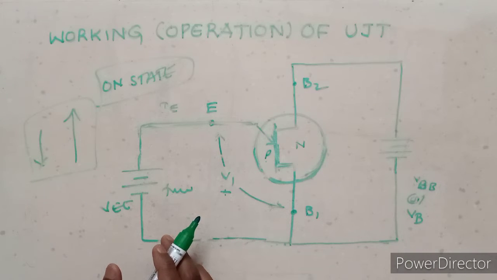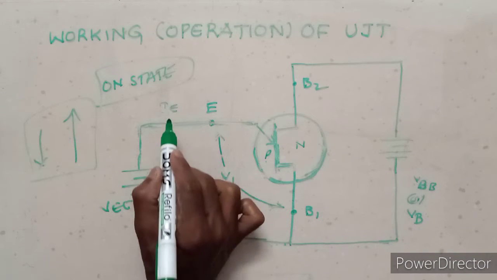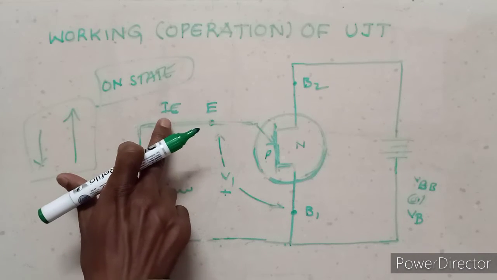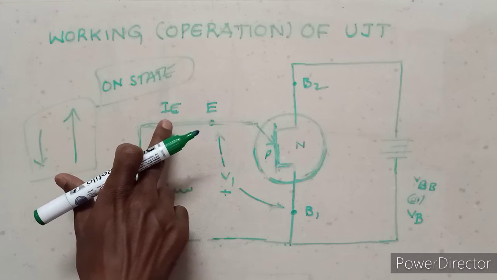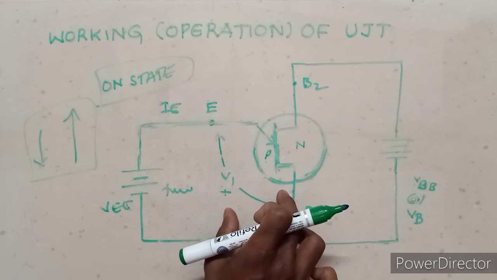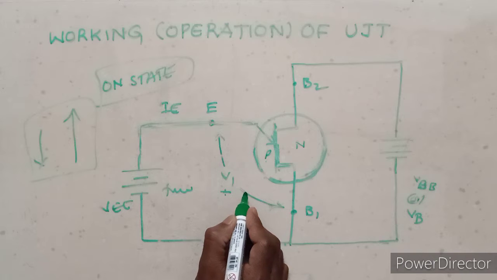Okay, next, due to the increase in the emitter current, there is a decrease in the resistance, which is known as negative resistance.